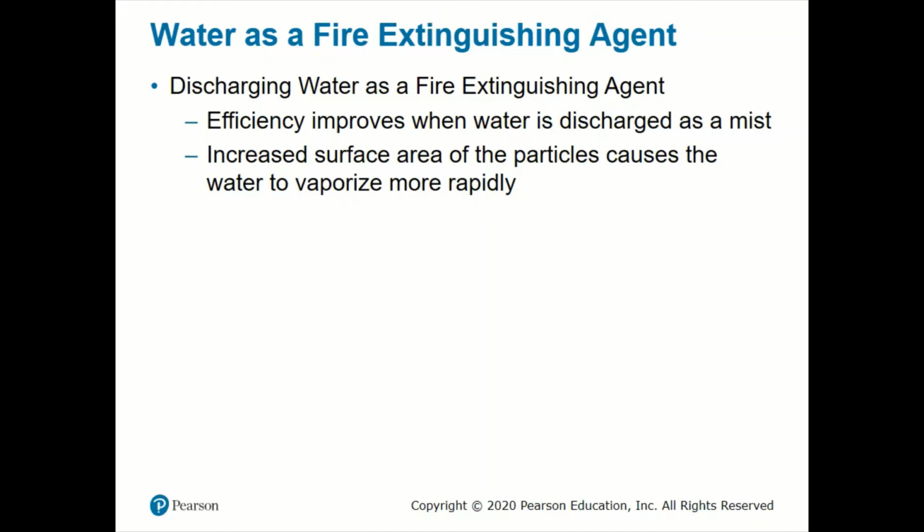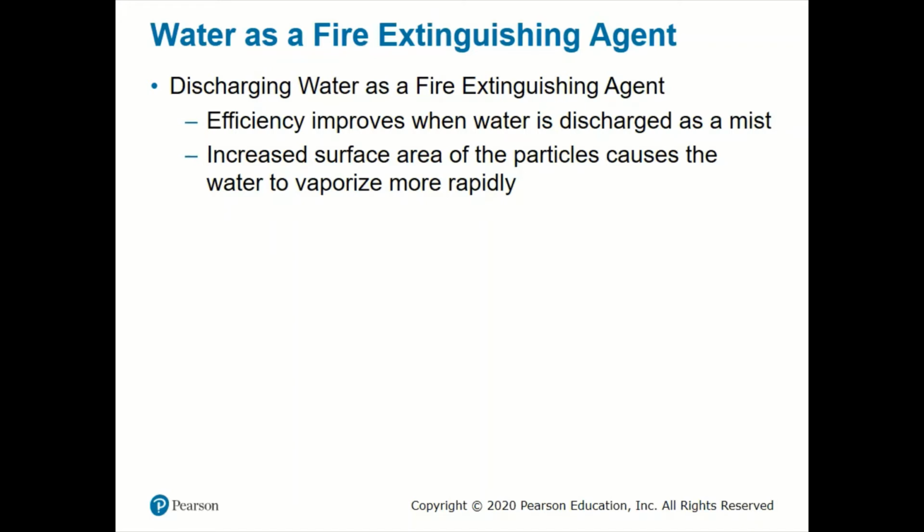But the big play here is all about surface area. Creating a mist as opposed to a stream of water is going to make the vaporization more likely, because we're getting a greater surface area.